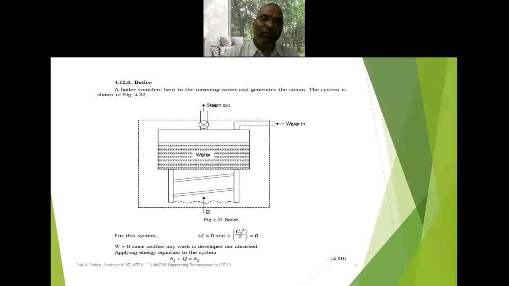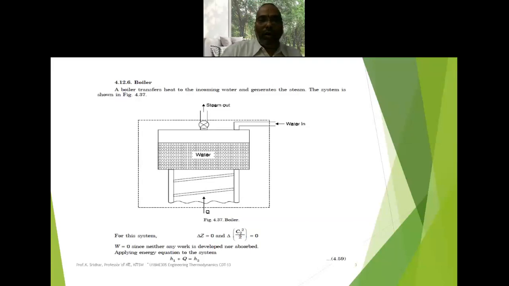The boiler is an important device in the thermal power plant to produce steam from water. Whenever we are giving some heat energy to the water, it is converted into steam. This steam may be wet steam, dry steam or superheated steam. The various forms of steam we are able to obtain from the boiler.